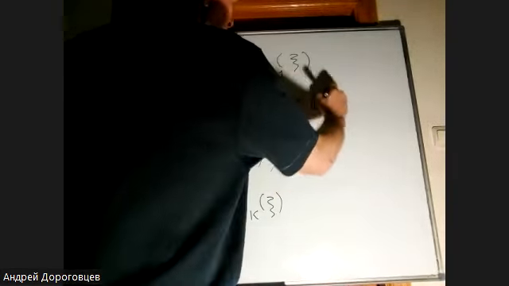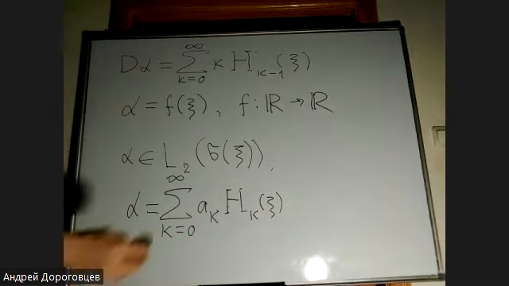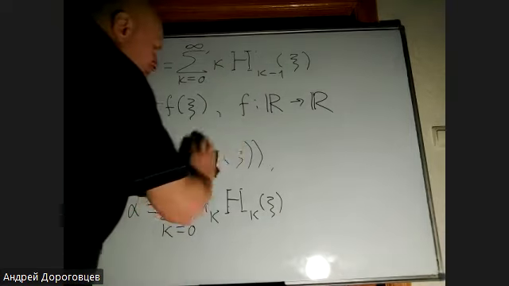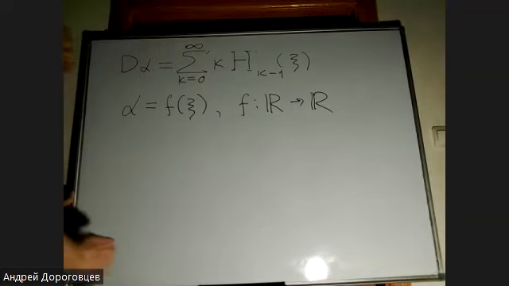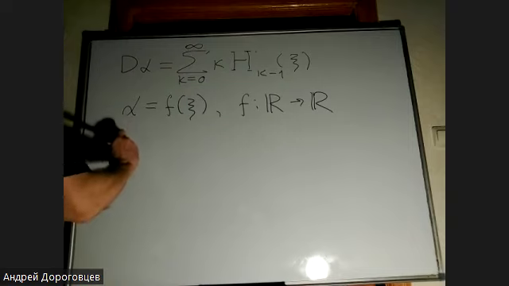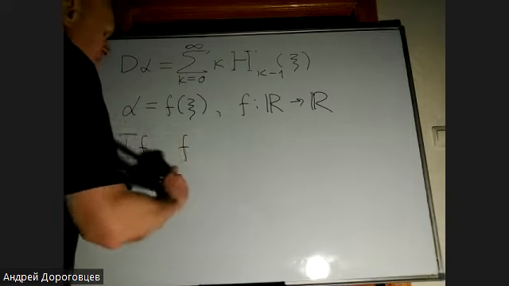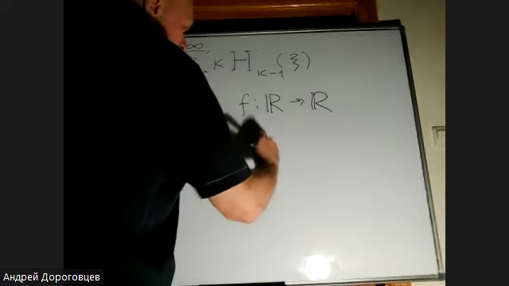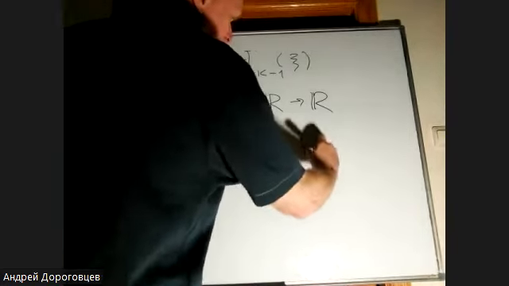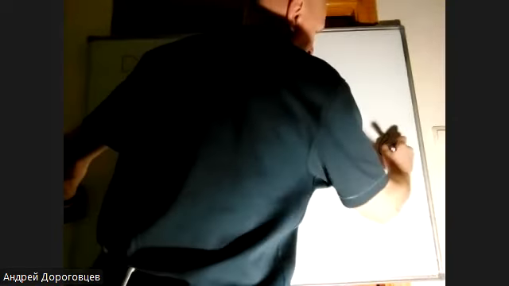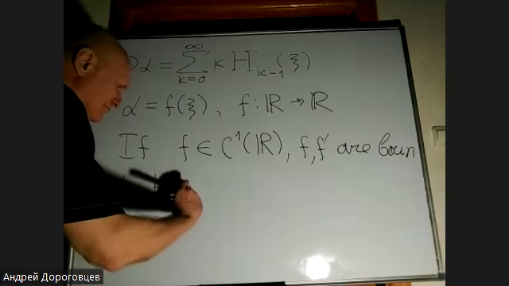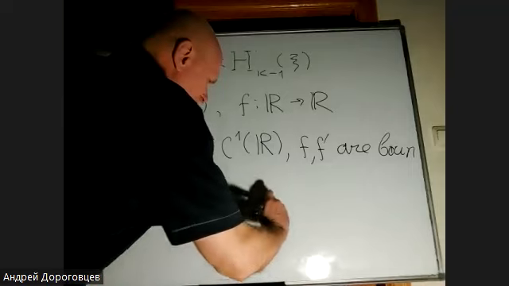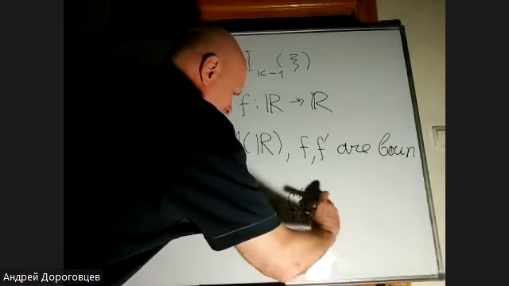And last time we checked that if f belongs to C1 and f prime is bounded, then D alpha exists and it is equal exactly to f prime.